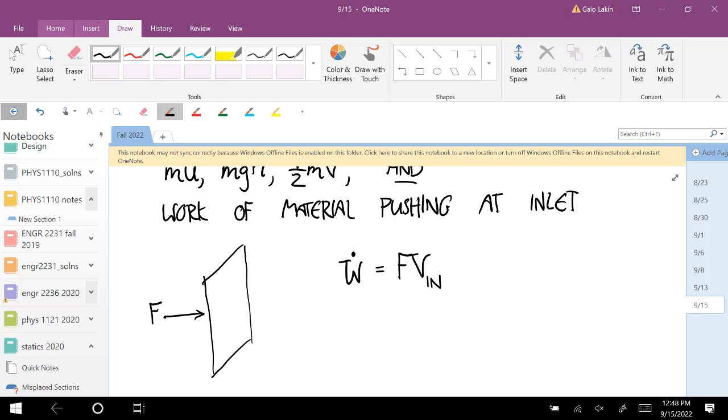So this is just the rate at which that work is being done. The power going in? Yeah. And that force is equal to the pressure in the material times the area.